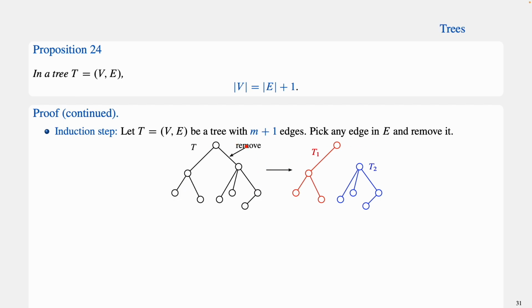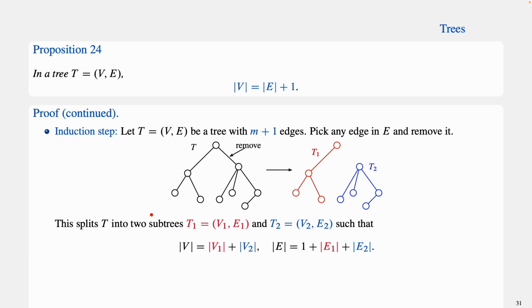So if this is our original tree, T, then we pick one edge, this one for example, and we remove it, and we get 2 trees after that. And of course these are trees which have fewer edges than the original tree T. So this procedure splits T into 2 subtrees. So I use the colors red and blue as I indicated it here in this example.